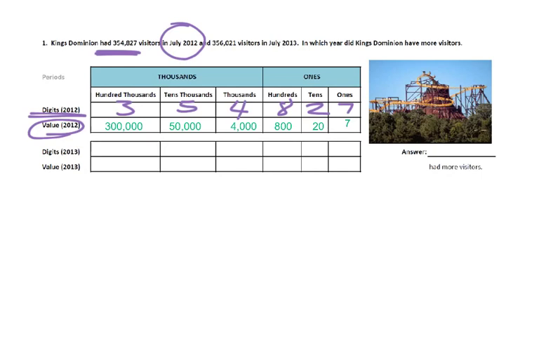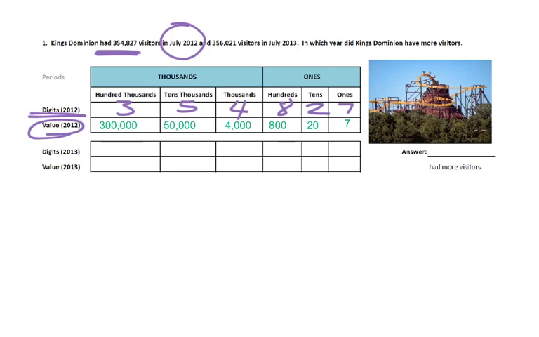So when I'm looking at a 7 in the ones place, it's just worth 7. A 2 in the tens place would be worth 20. An 8 in the hundreds place would be worth 800. A 4 in the thousands place, 4,000. A 5 in the 10,000s place, 50,000. And then a 3 in the 100,000s place is going to be worth 300,000.